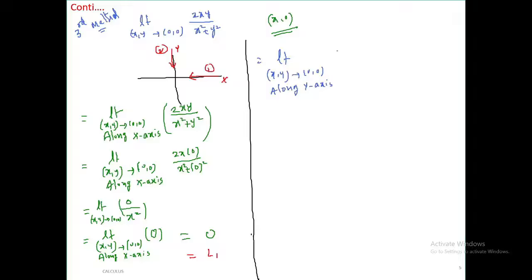Now what is that? 2 into xy upon x square plus y square, right? So now along y-axis, any point on the y-axis looks like 0 comma y. That means what? X coordinate is absent. So now apply this. So x comma y is reaching to origin along y-axis.